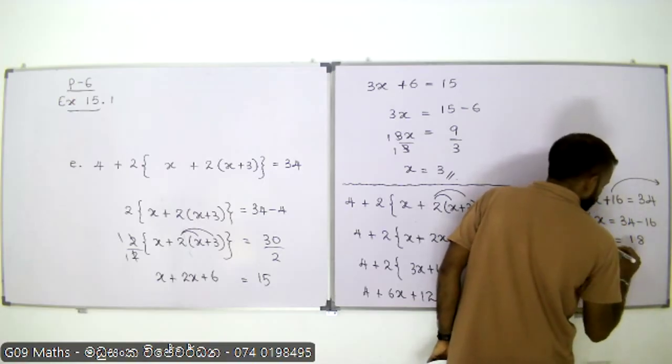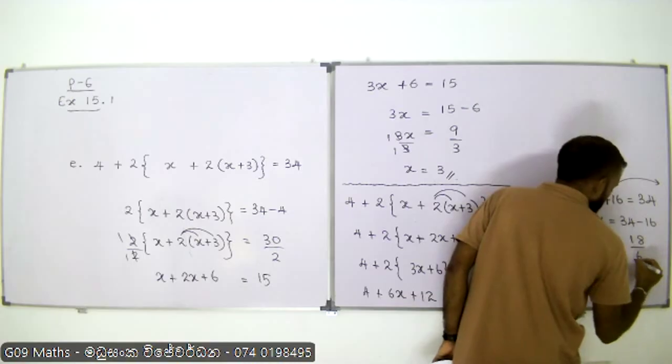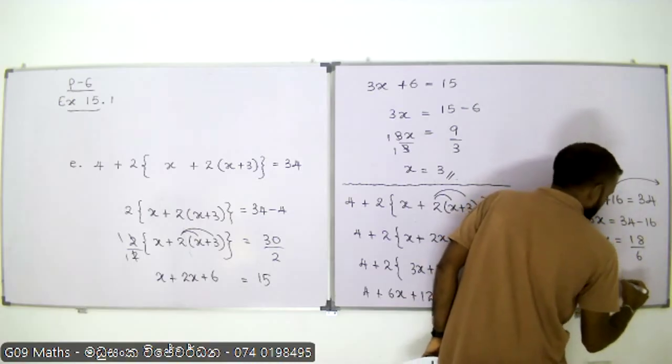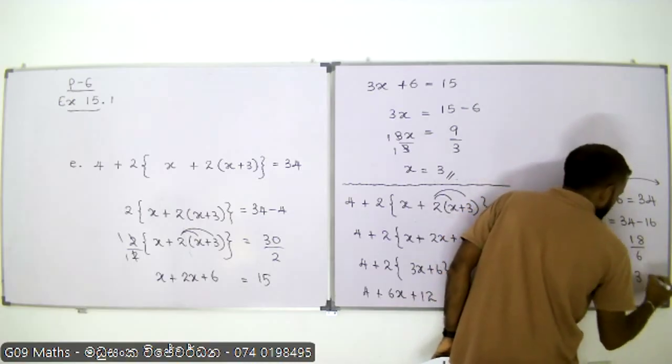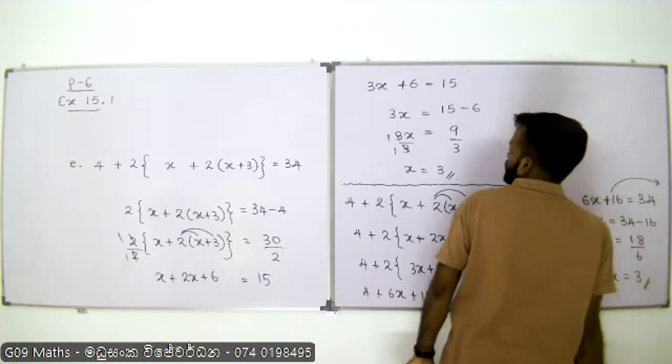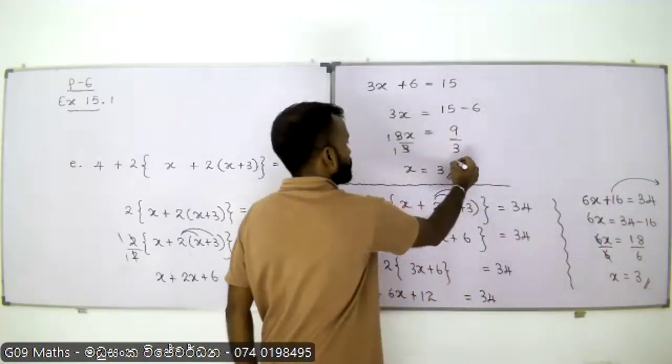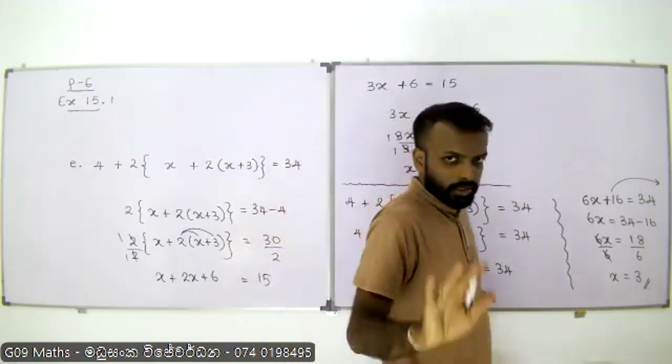So divide by 6. Both sides you have to divide by 6. 6 times 1, x is equal to 18 divided by 6 means 3. Both answers are correct. This one and that are correct.